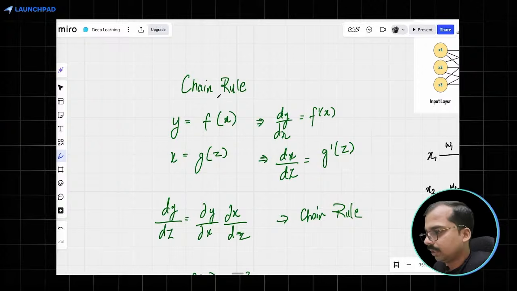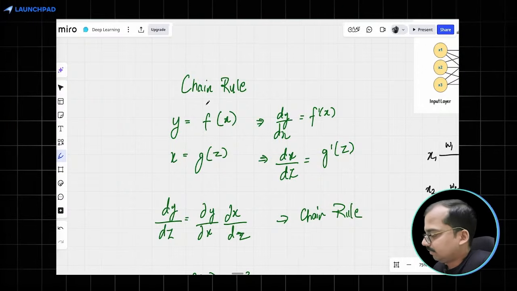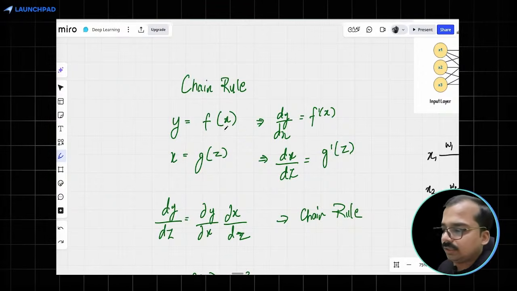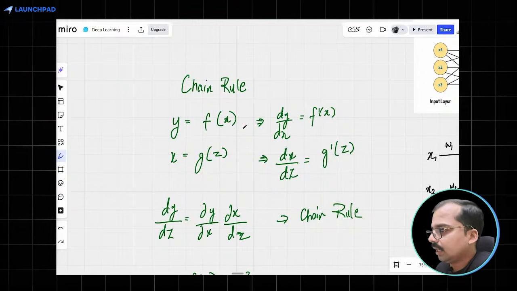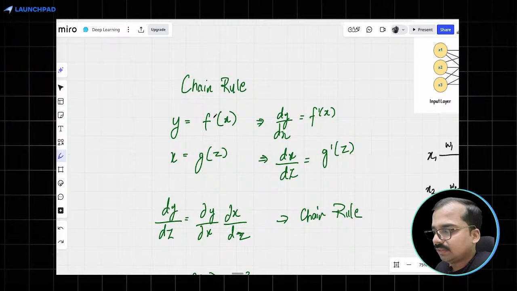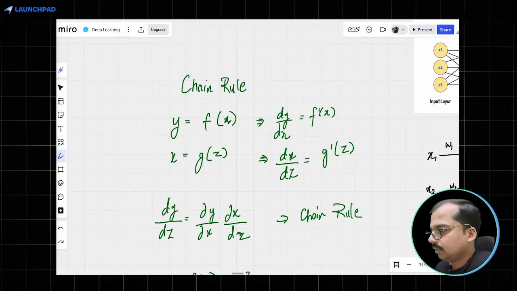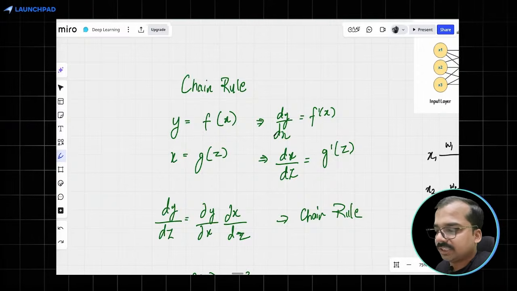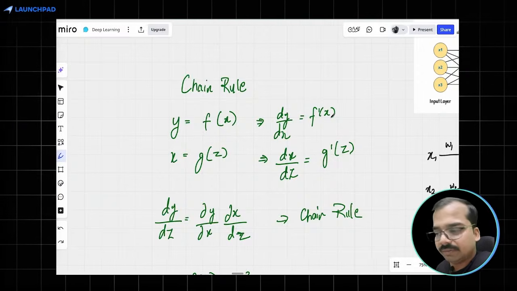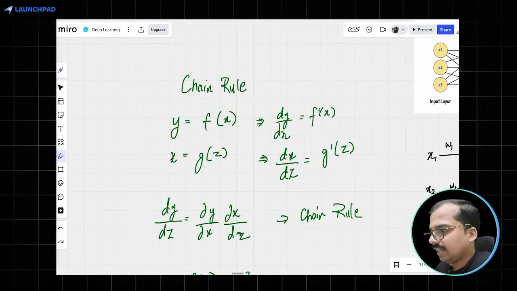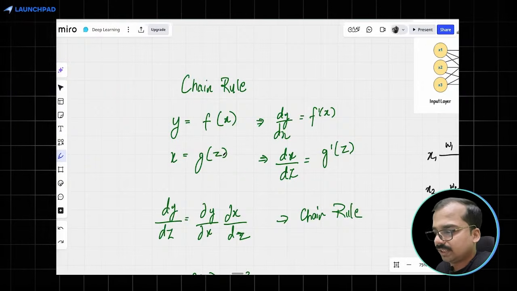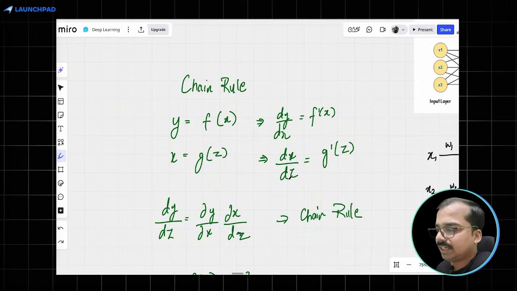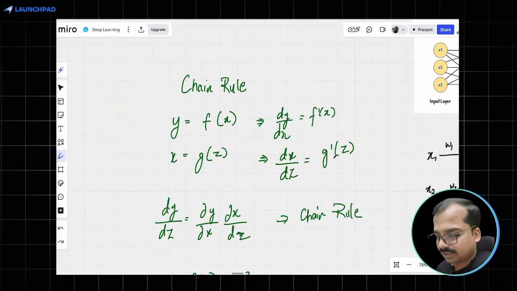chain rule. So let's say that I have some function y = f(x). If y is a function of x, that basically means I can get the derivative of y with respect to x, that will be f'(x). Similarly, if x is some function of z, I can calculate dx/dz, that will be g'(z).